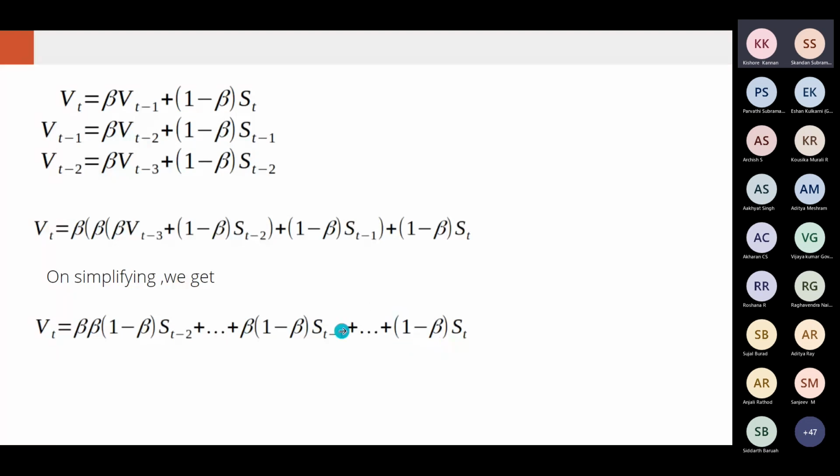And then the next data point, ST minus 1, has the weight of beta times 1 minus beta. And the previous point, ST minus 2, has the weight of beta square times 1 minus beta. And then the one before that, ST minus 3, will have a weight of beta cube times 1 minus beta.